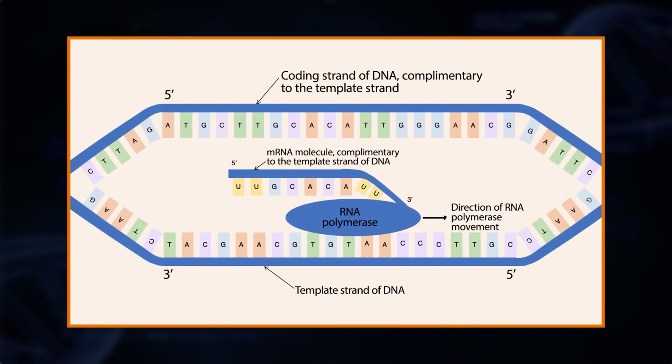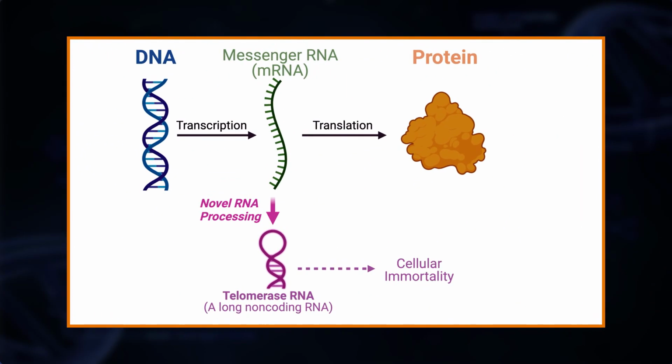Transcription occurs when there is a need for a particular gene product at a specific time or in a specific tissue. During transcription, only one strand of DNA is usually copied. This is the template strand, and the RNA molecules produced are single-stranded messenger RNAs, that is mRNAs. The DNA strand that would correspond to the mRNA is called the coding or sense strand.